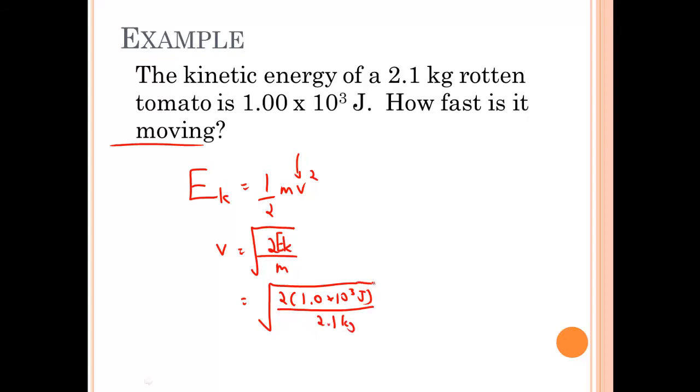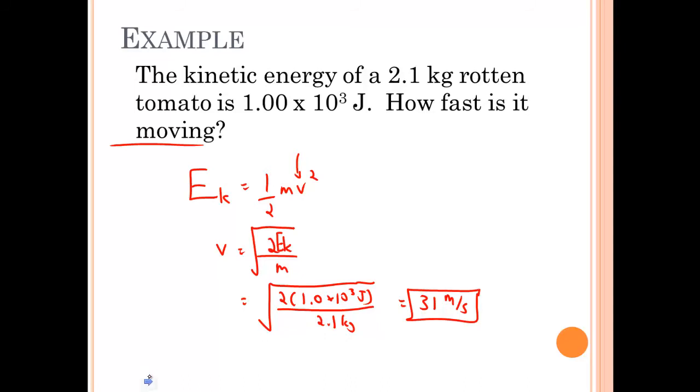You'll notice again that the square root is over both quantities, not just the numerator or denominator. But if you do that, you should end up with 31 meters per second. When you're going through kinetic energy problems, make sure you check that the units of the velocity are exactly what the question is looking for. Sometimes it doesn't tell you, in which case leave it in meters per second. Other times it will tell you that it wants it in kilometers per hour or something else.